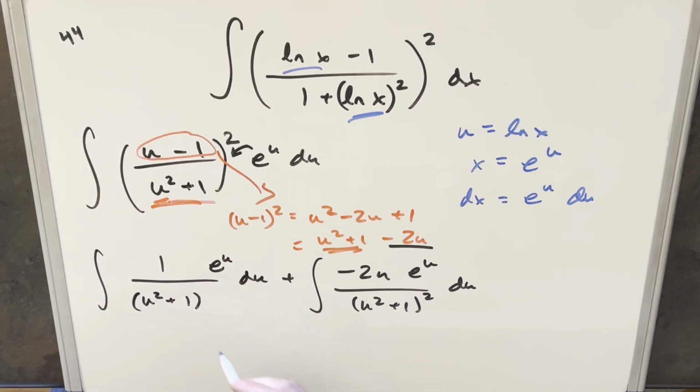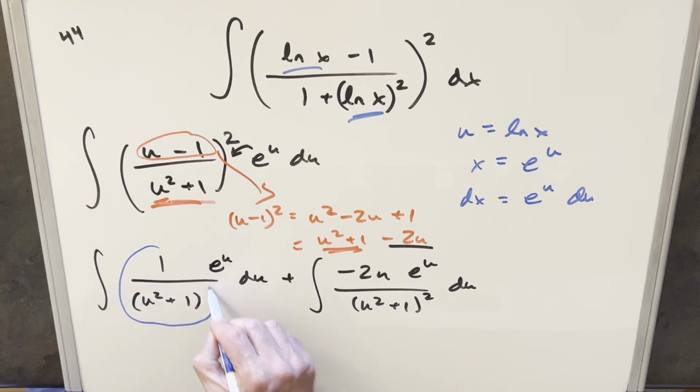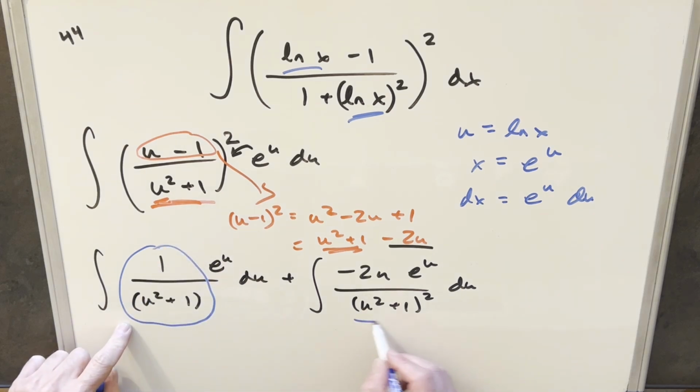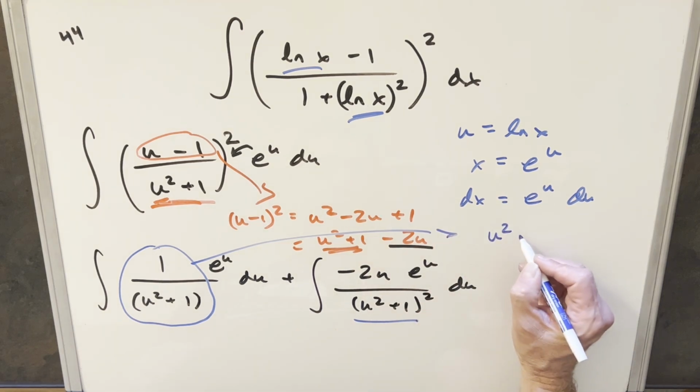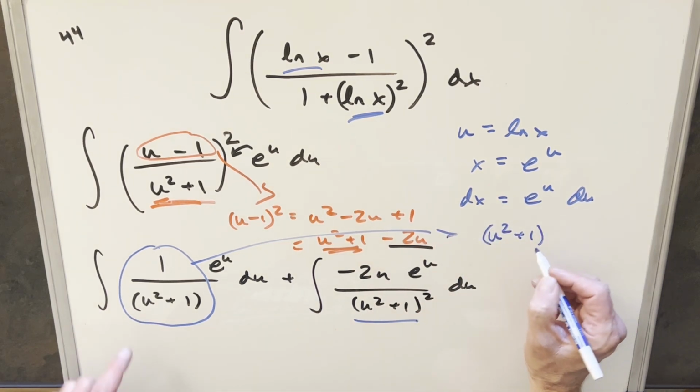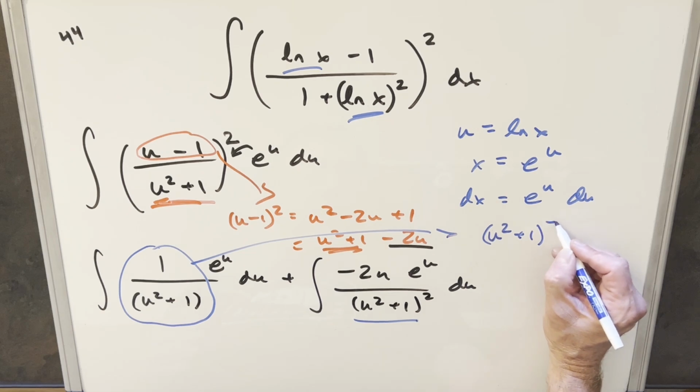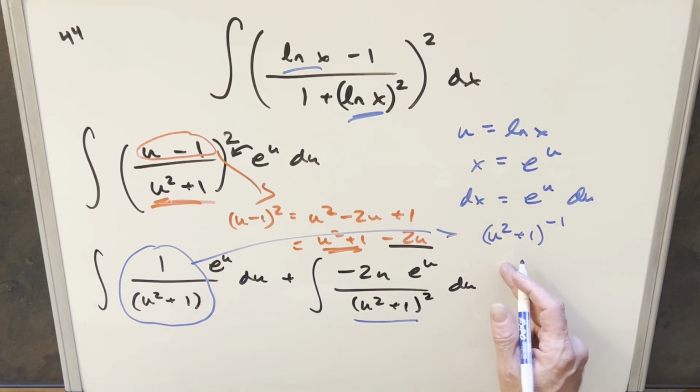Now this is starting to look kind of suspicious. Forget about the e to the u for a moment. Comparing to this, what if I take a derivative? I'll write this as u squared plus 1 to the minus 1, so that we can use the power rule.